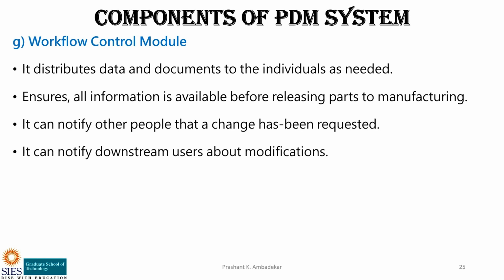The workflow control module also notifies downstream, that is the people who are lower in hierarchy, that the modification has been done upstream. That is, the modification has been done by the concerned authority higher in the hierarchy. The workflow control module also keeps status information up to date and ensures that information is handled as planned.